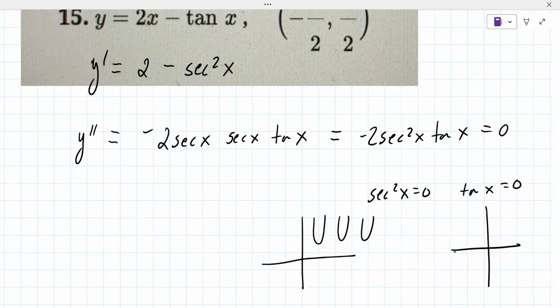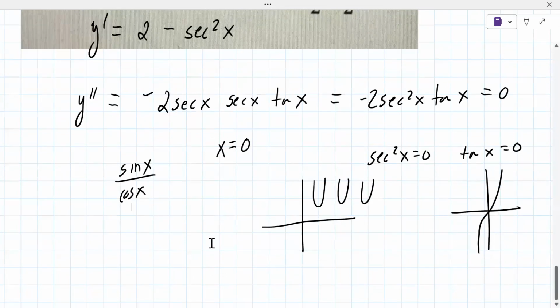Tangent does equal 0. Tangent has that snake shape. In fact, it equals 0 when x equals 0. That comes from the unit circle, since tangent is sine x over cosine x. You're really asking where sine x equals 0, which is at 0. So you have a possible inflection point at 0.